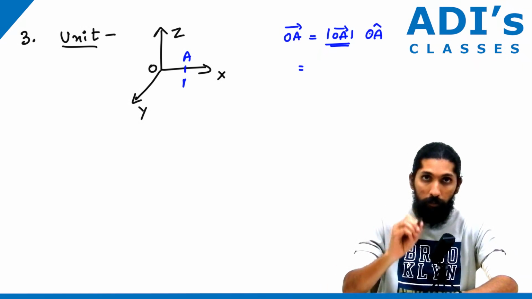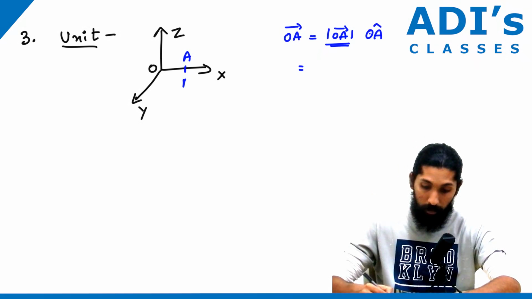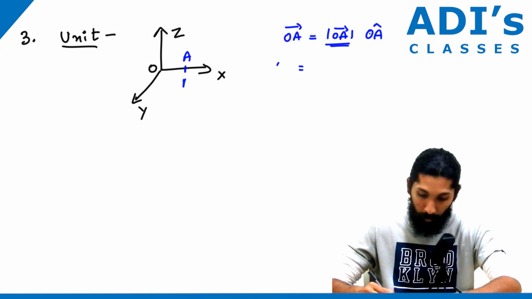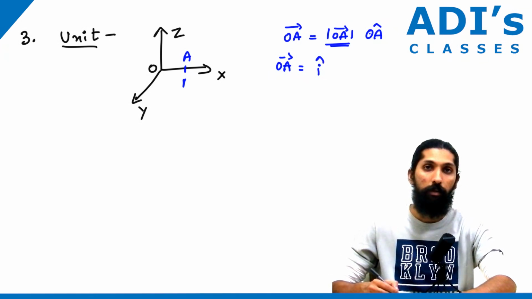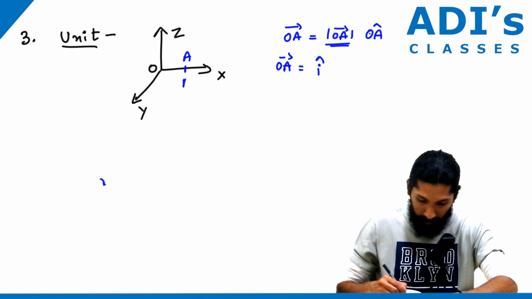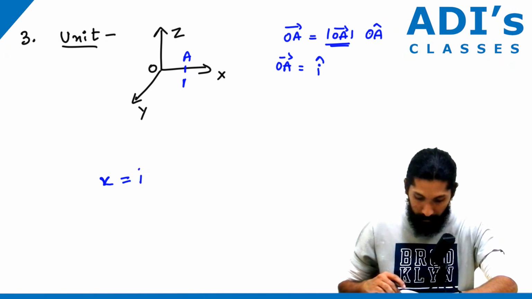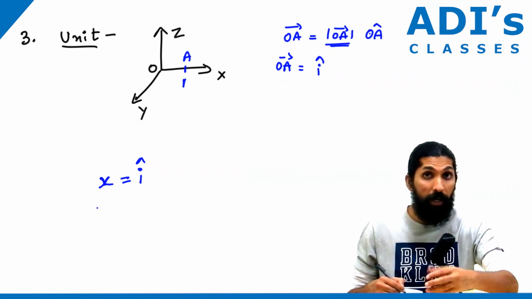The x-axis is always represented with the help of I. So vector OA becomes I cap. Clear? X-axis is always I cap. So we can write here x-axis is I cap. Or you can just say I hat, anything.